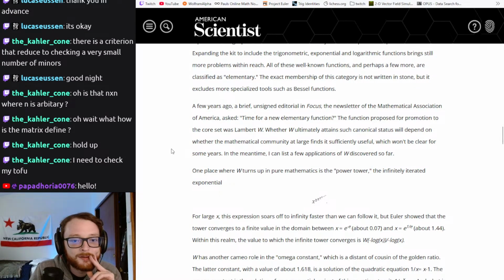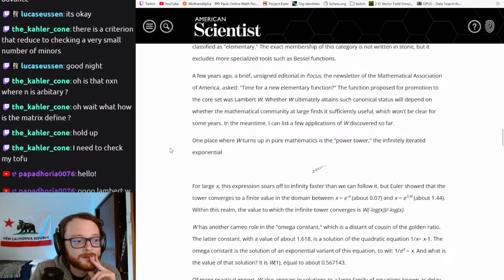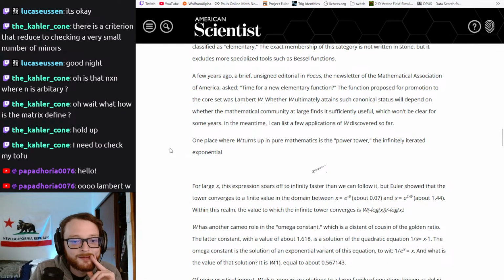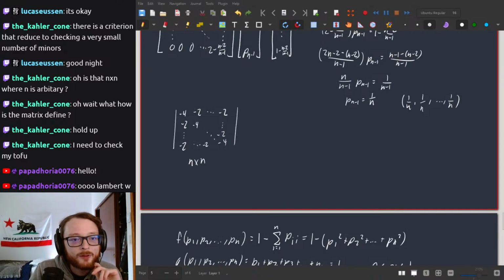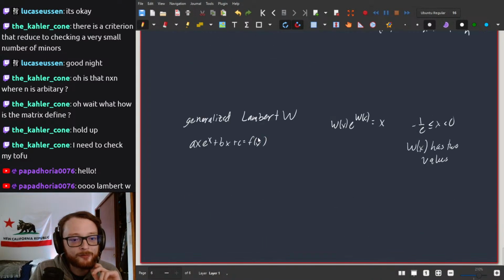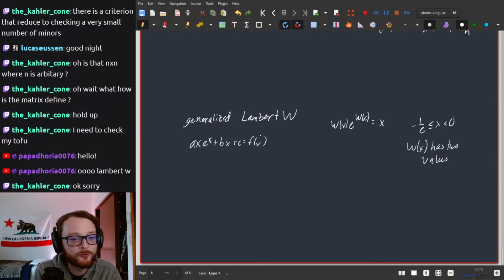Hey, Papadoria. Lucas left, but he was asking if we can do something interesting with his idea for a generalized Lambert W function.